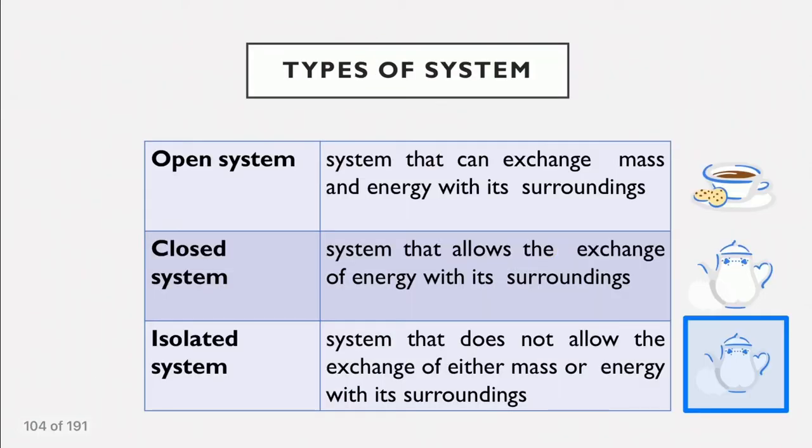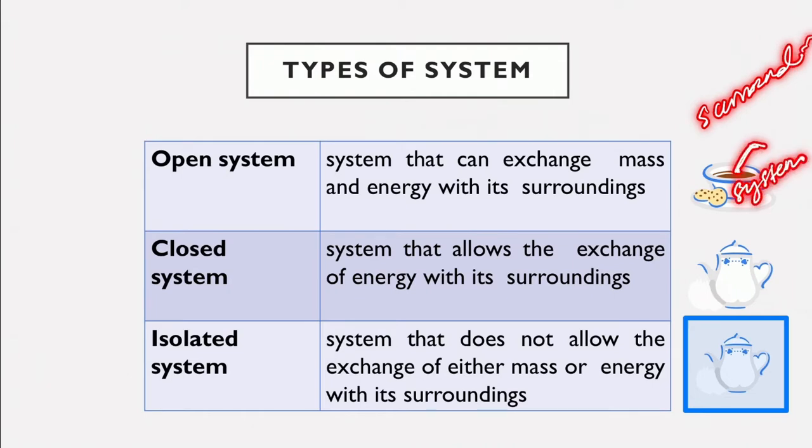We have a few types of systems. Firstly, we have an open system. An open system is a system that can exchange mass and energy with its surroundings. For example, we have here our cup of coffee. It is not isolated, it is in the open. What is outside is your surrounding, and this will be your system.